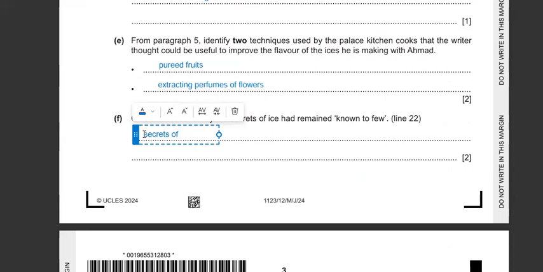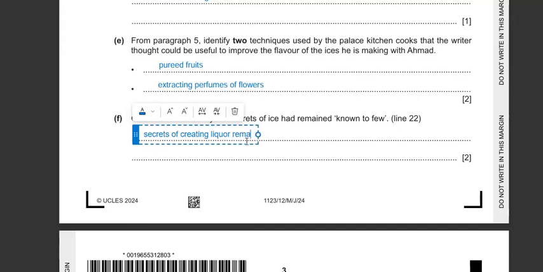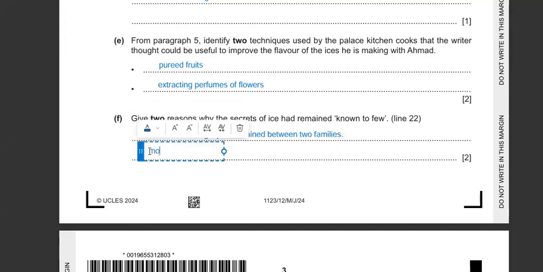Secrets of creating liquor remained between two families, and the next one is that most of the knowledge was with Ahmed, or you can say was under the supervision of Ahmed, right?